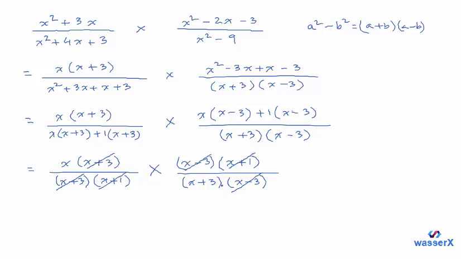Anything else, doesn't look like it. Therefore, we are only left with x on the top. Everything else has crossed off, meaning they have become a 1, and x times 1 is the same as x, over x plus 3 on the bottom times 1, which is x plus 3. So this is the simplified form of this product.